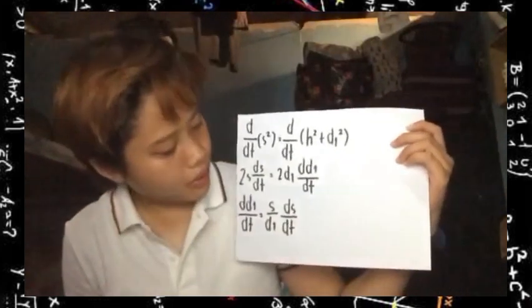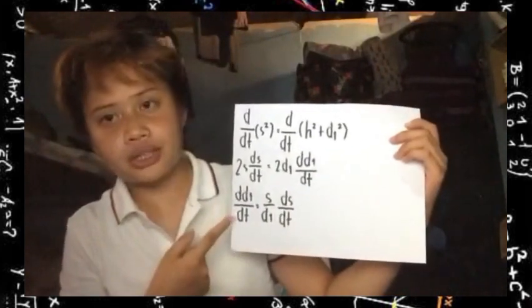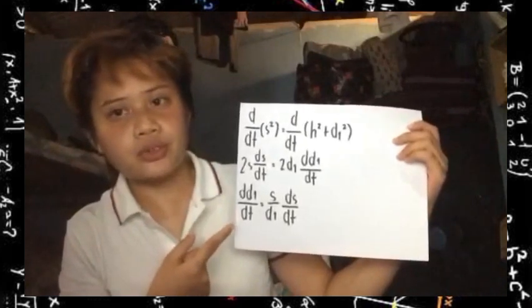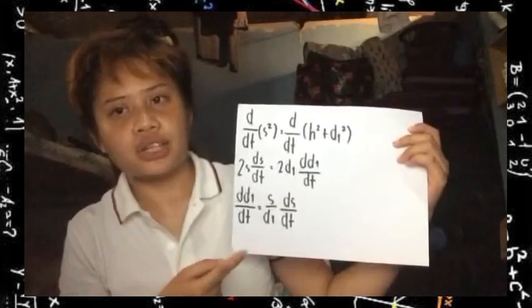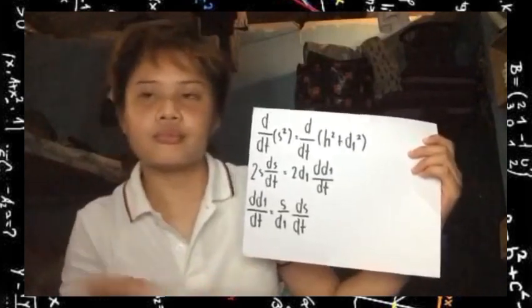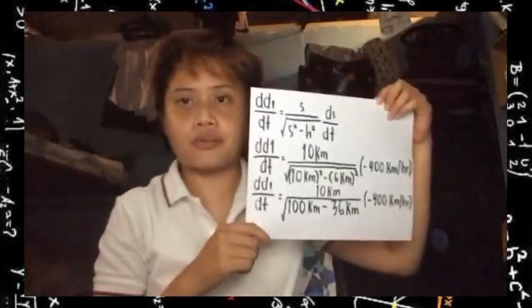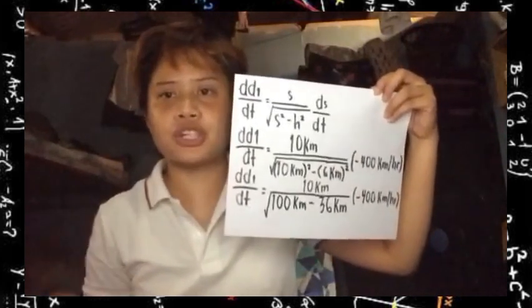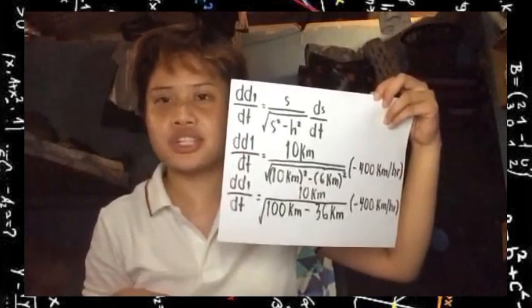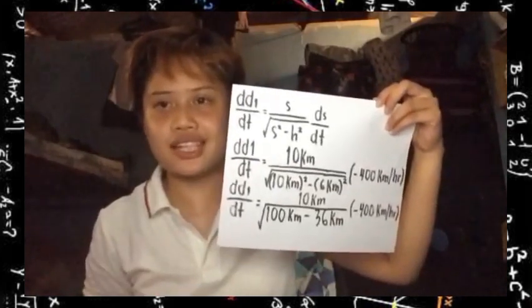So now we have dd1 over dt is equals to s over d1 ds over dt. Now we can have the final formula, which is dd1 over dt is equals to s over square root of s squared minus h squared ds over dt.